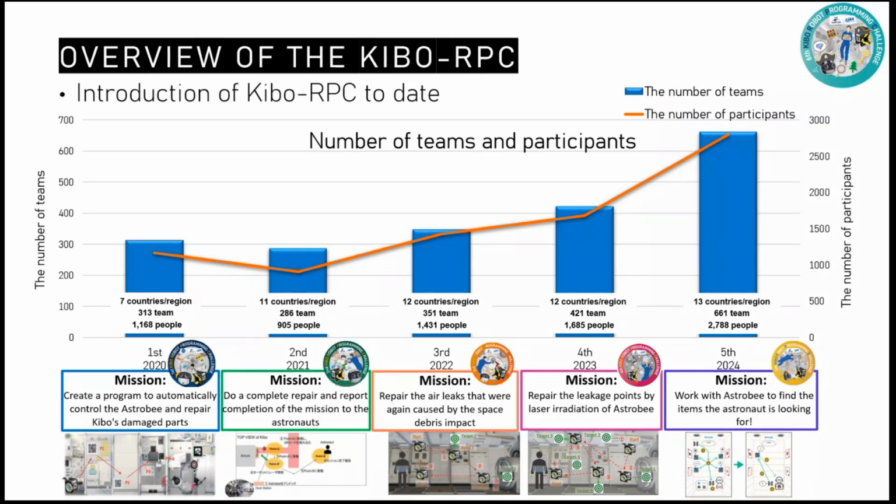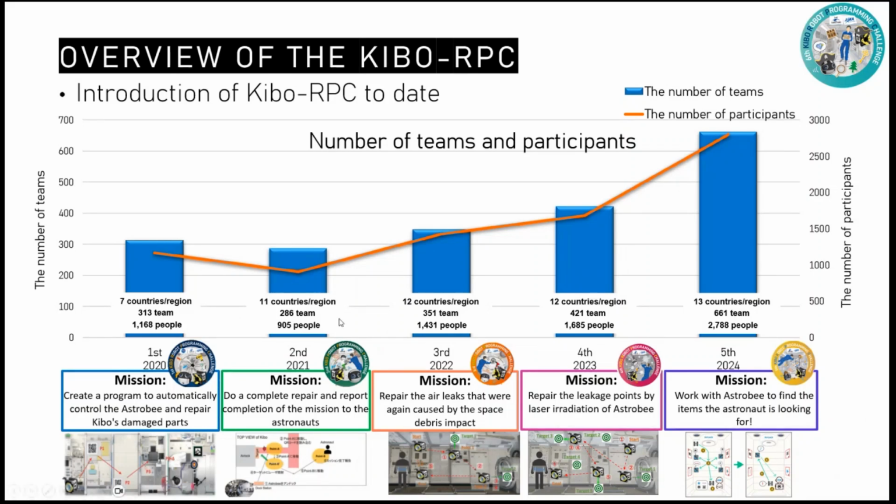This competition is open to students up to the graduate level from various countries, with a focus on the Asia Pacific region. I will explain which countries can participate in the Kibo RPC a little later in my presentation.